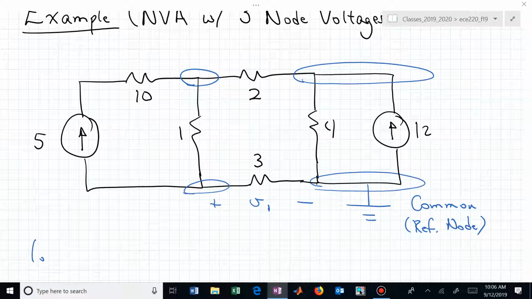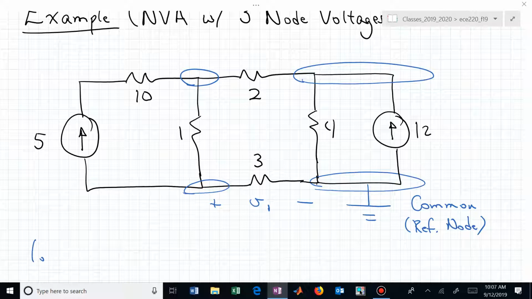Once you've defined your common node, that's always going to be the negative terminal of your voltage that you're measuring with respect to. So the common node is always going to have the negative sign associated with it. Now, if V1 ends up being negative, then obviously the polarities were not as you had them labeled, but your labeling is consistent with what you measured.